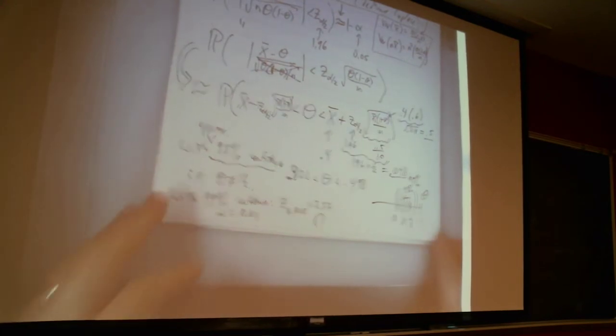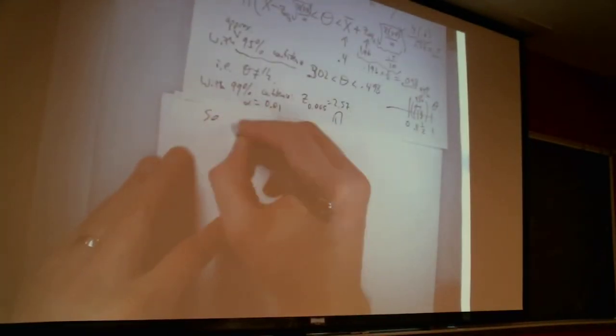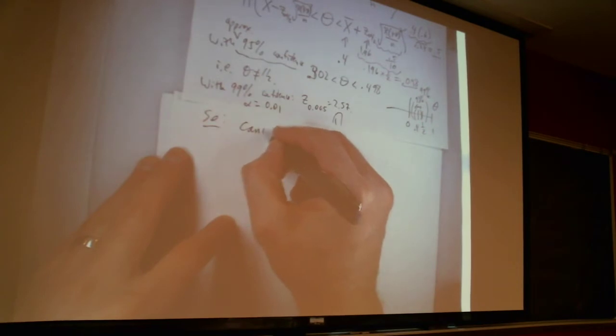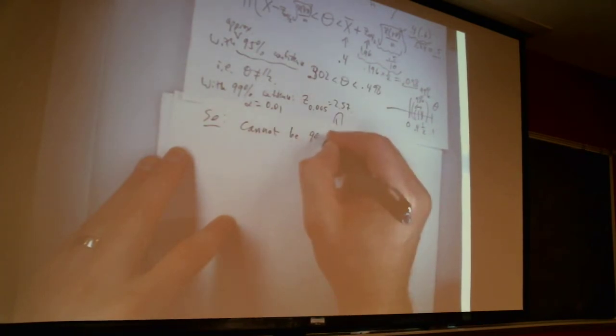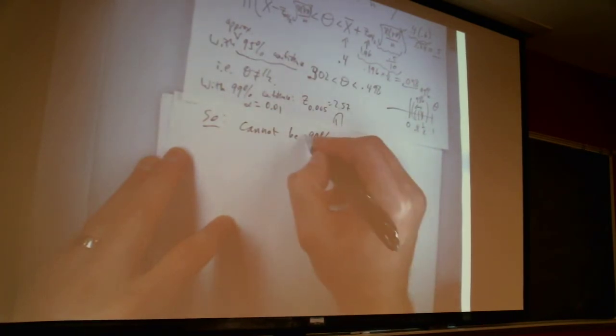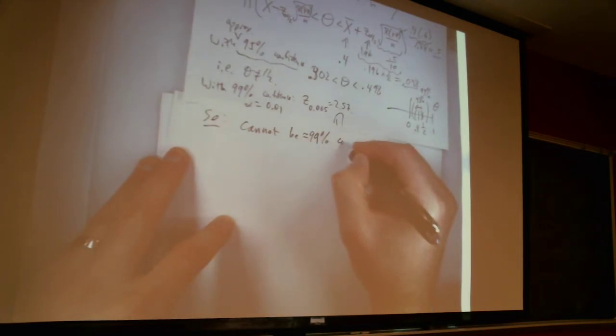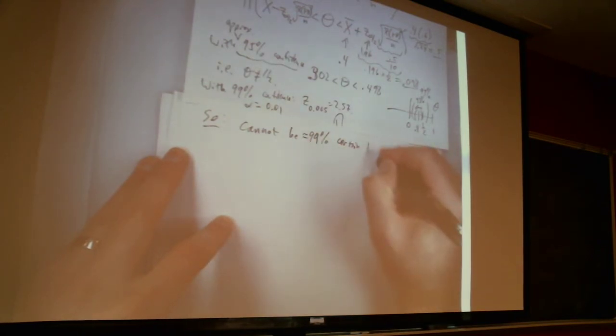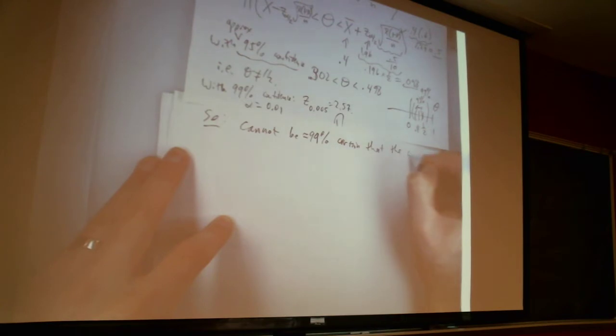Let me write that explicitly in words. So, we cannot be approximately 99% certain that the coin is biased.